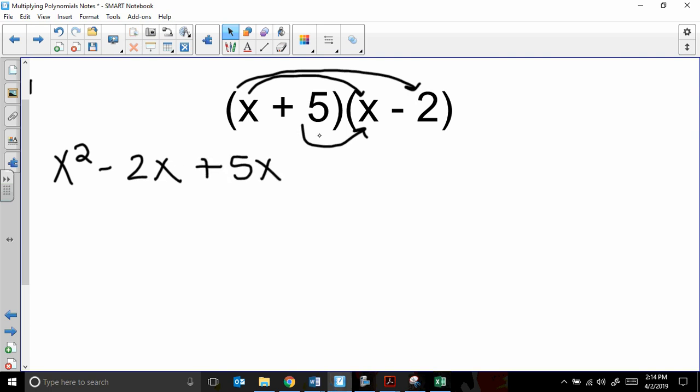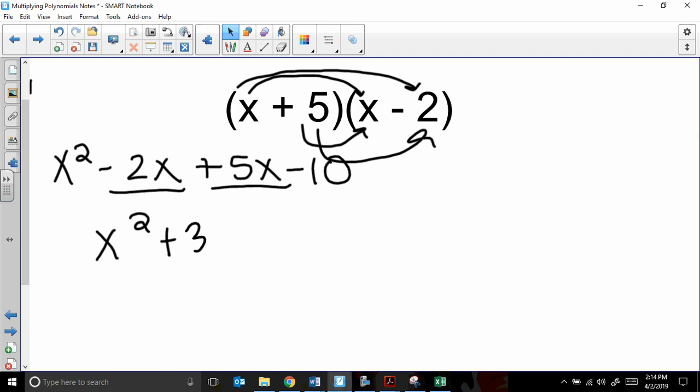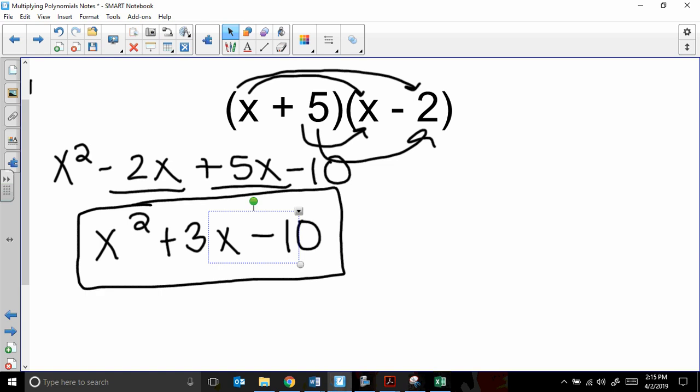And then we're going to do a positive 5 times a negative 2, which is negative 10. And then we're going to combine our like terms. So we get x squared plus 3x minus 10. And everything's been combined. And there's our answer.